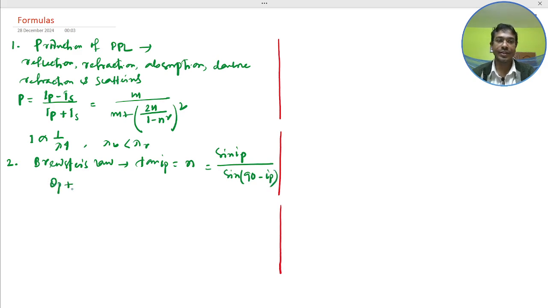We know theta p, the polarization angle, plus the refraction angle would be pi by 2. So in this case, theta equal to theta p is equal to tan inverse n1 by n2.